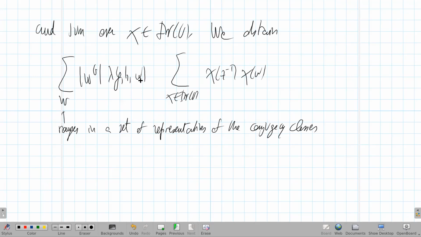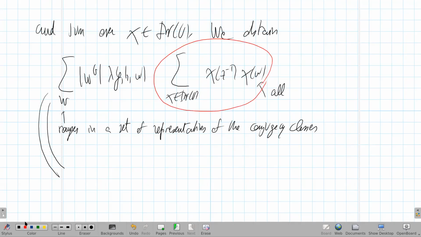Now the point is that, by the other orthogonality relations, this sum is usually 0, except when Z and W are conjugate. So there's only one summand that comes out.